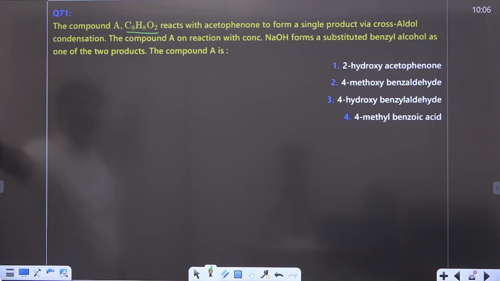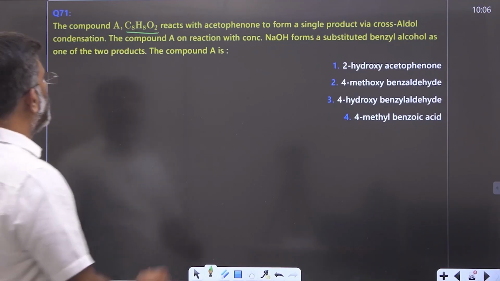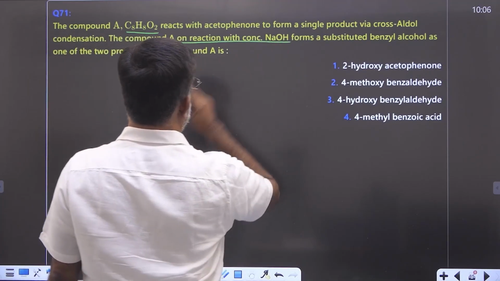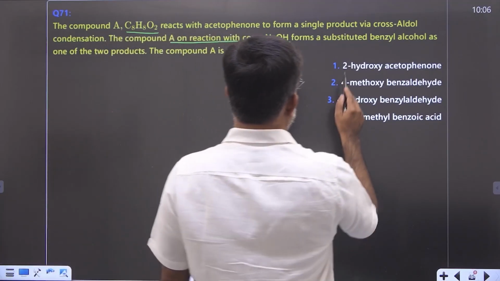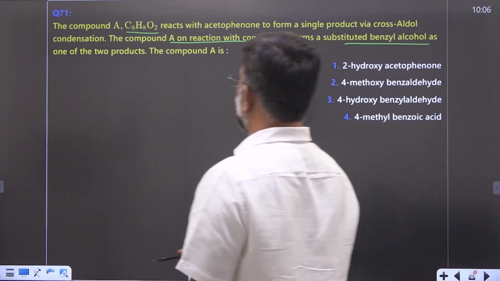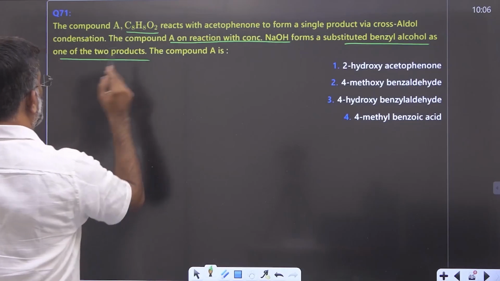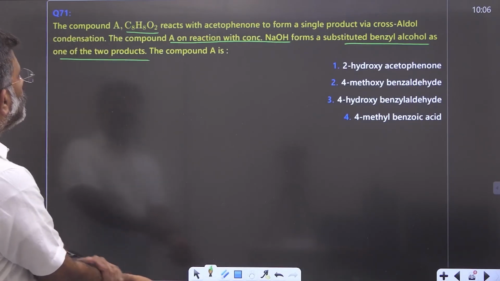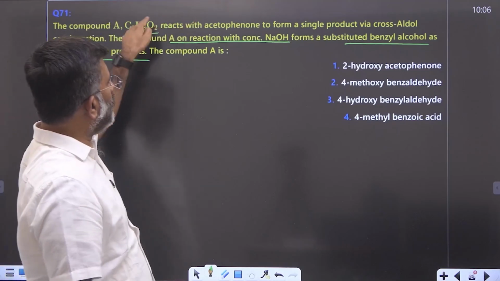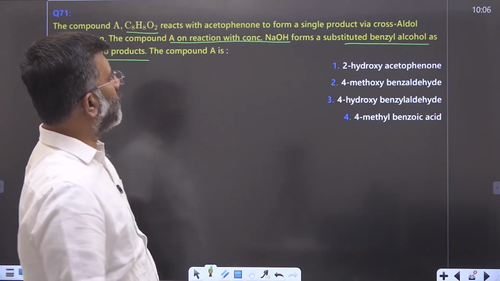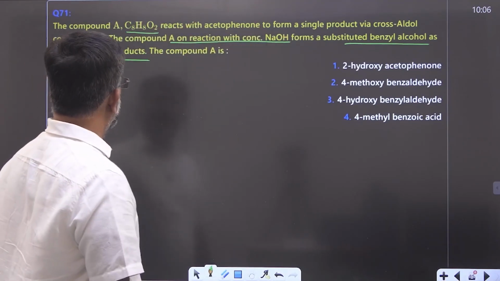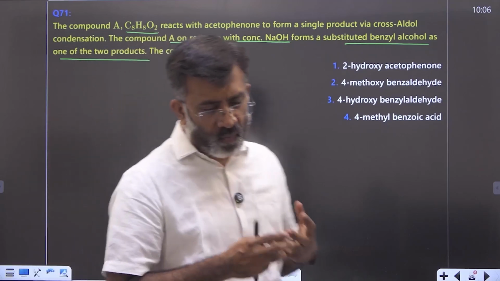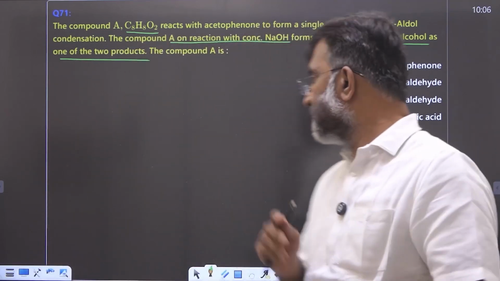Compound A is, okay, and that reacts with acetophenone to form a single product via cross-aldol condensation. So we need to understand what exactly A is.